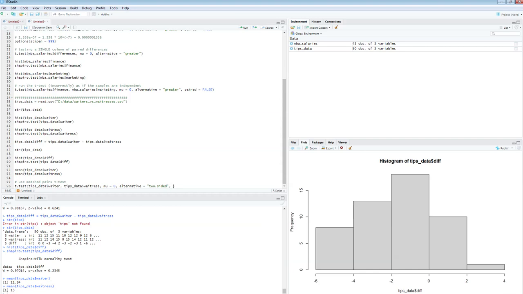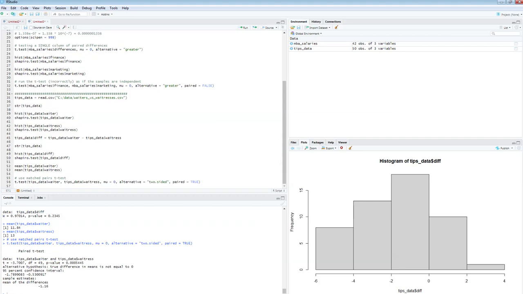But here, another important thing to remember: I have to say that this is matched pairs. So is it paired data? True, it is paired data. Okay, so let's go ahead and run the hypothesis test. I don't think this is right. Did I do everything correctly?